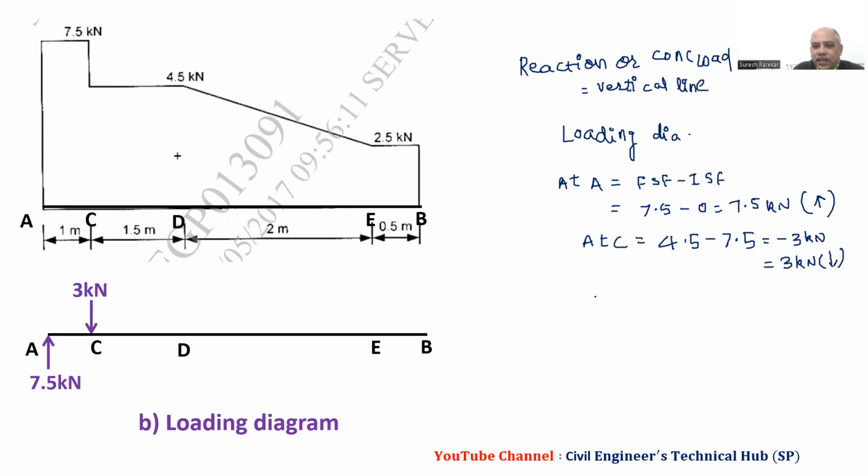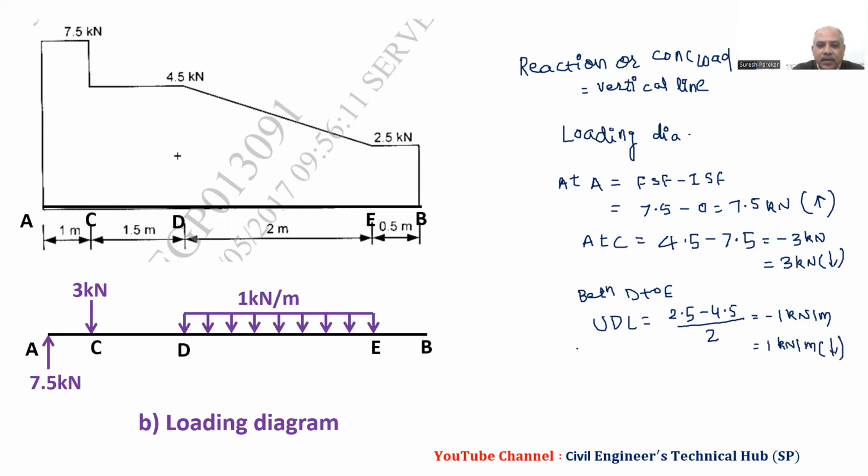Then between D to E we have UDL. The final shear force is 2.5 minus initial 4.5 upon span, and this comes minus 1 kilonewton per meter, meaning 1 kilonewton per meter downward.